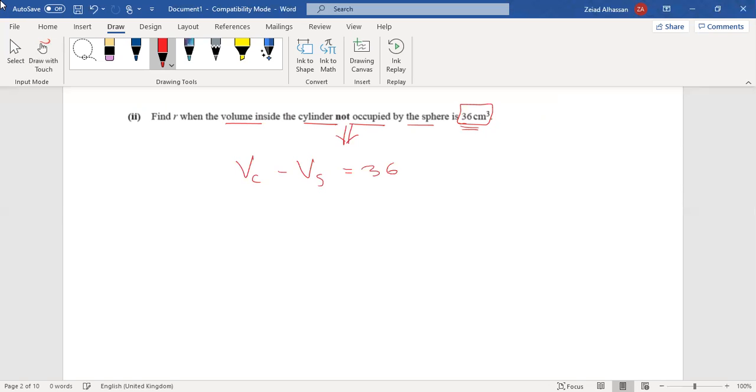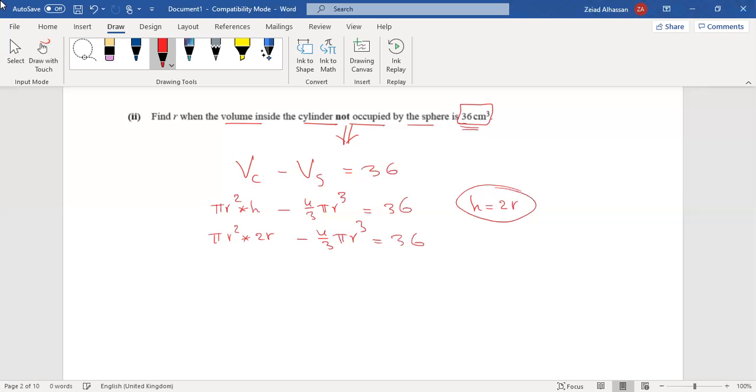So let's write down the rules. Volume pi r squared times height minus volume of sphere 4 over 3 pi r cubed equals 36. What is the height given in the question? If you go back, you will find it is 2r. So pi times r squared times 2r minus 4 over 3 pi r cubed equals 36.